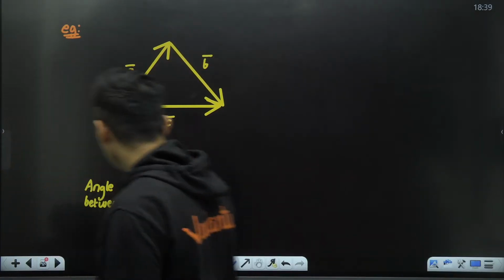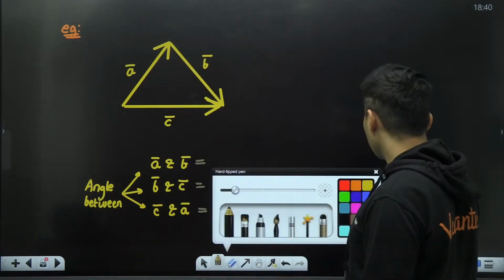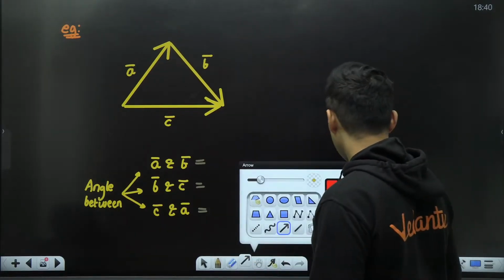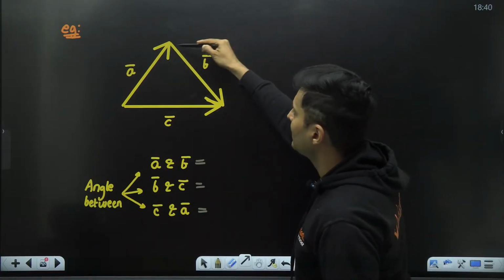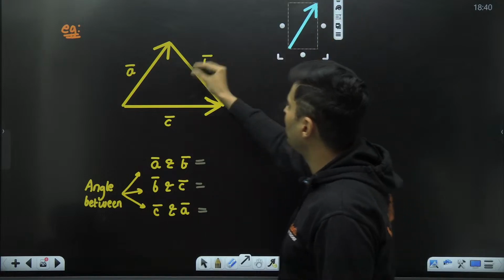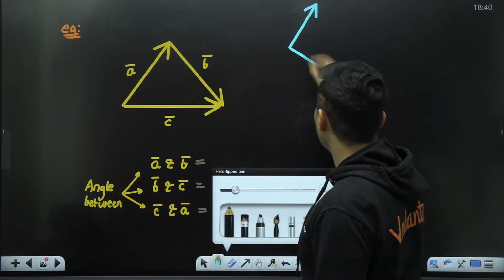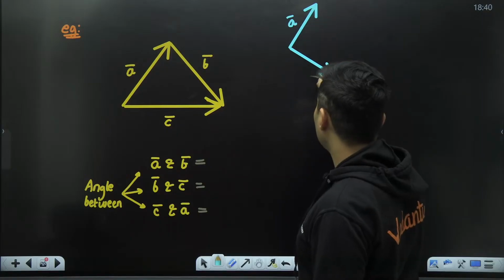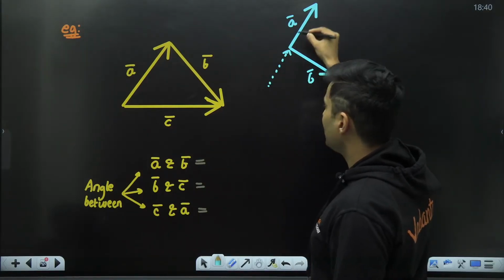All right. So in this particular scenario, if I take vectors A and B, this is the head and this is the tail, so it's not the right way. I should slide vector A more up and keep vector B over here. Then that would be the right way. So this is the A vector, this is the B vector. I have taken vector A and slid it up.